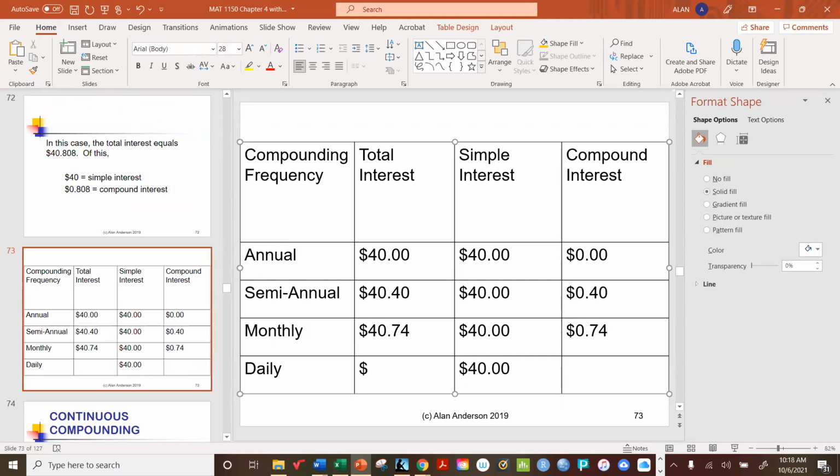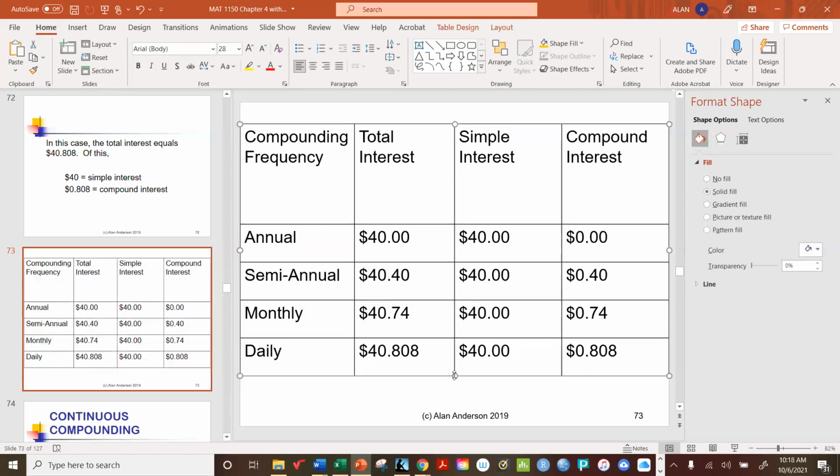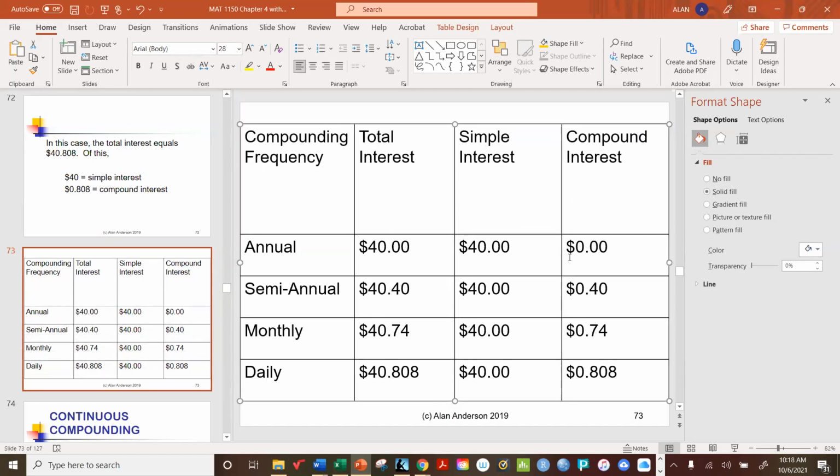And then finally, this last one, I wrote it as 40.808. We can leave it like that, but the bank would round it to 81 cents. Okay, so this table makes it possible for you to see what's happening to our interest when we change the compounding frequency.